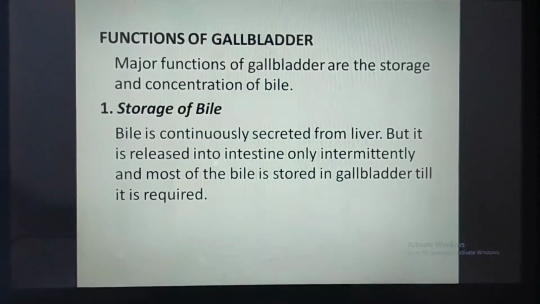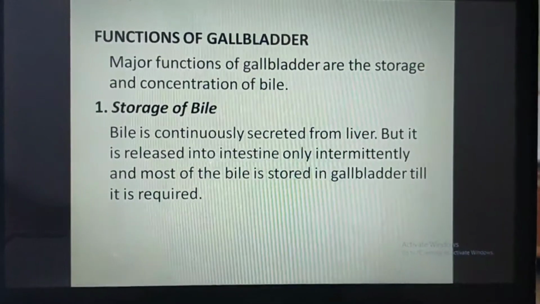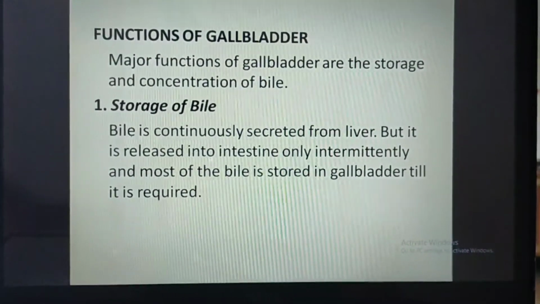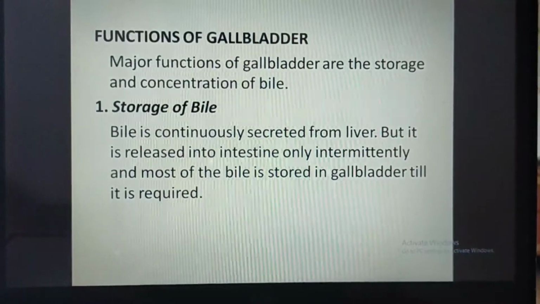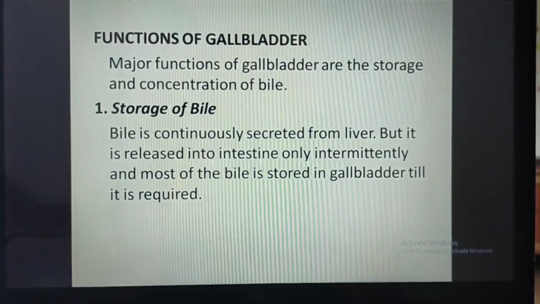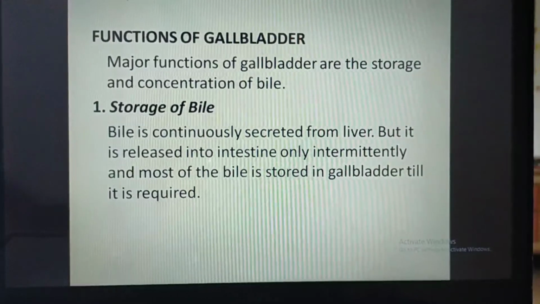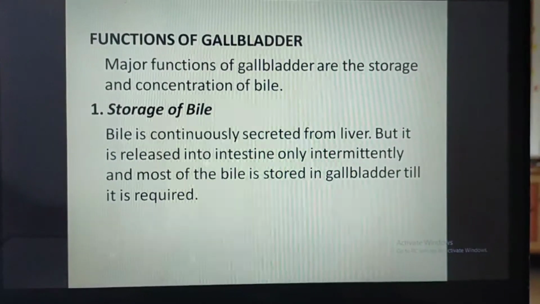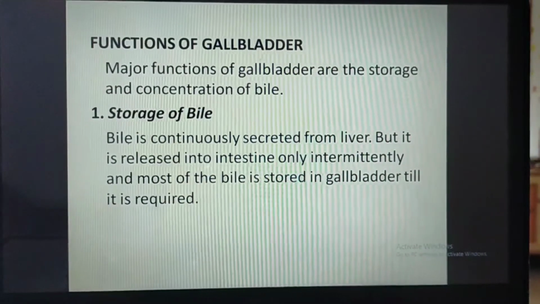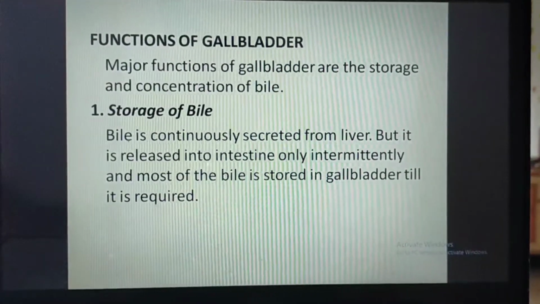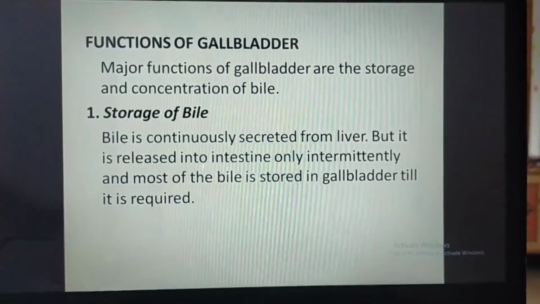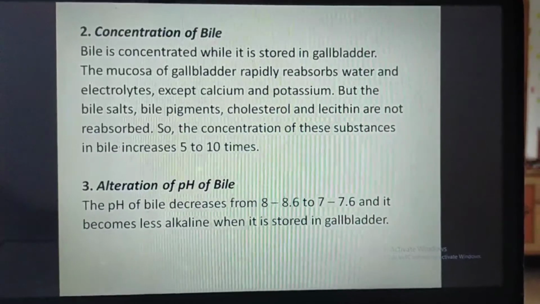Functions of gallbladder. Major functions of gallbladder are the storage and concentration of bile. Storage of bile. Bile is continuously secreted from liver, but it is released into intestine only intermittently, and most of the bile is stored in gallbladder till it is required. Concentration of bile.